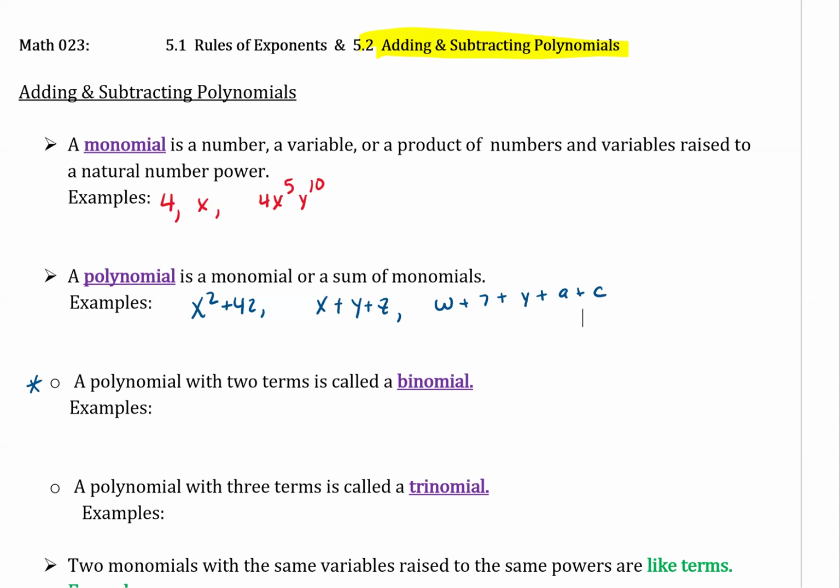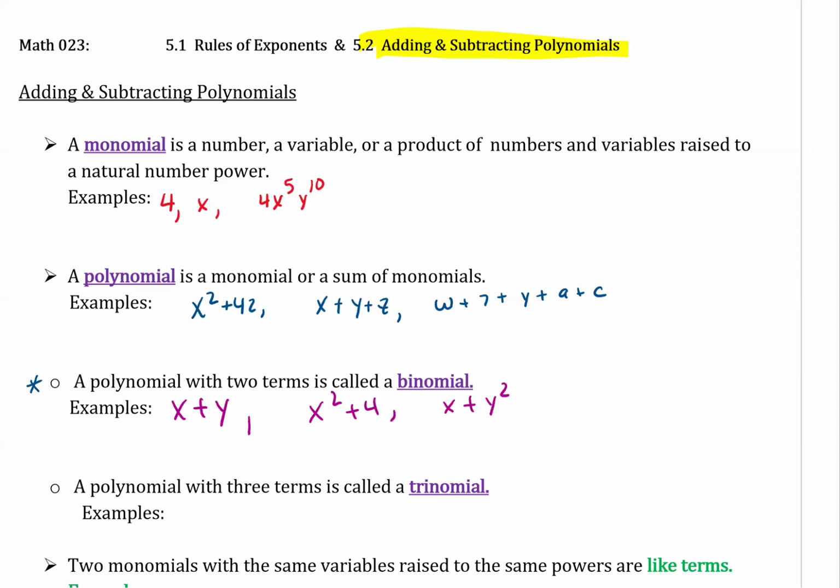And we can break it down further into a binomial and a trinomial. So a binomial is a polynomial with 2 terms. So x plus y. Bi means 2. So we got 2. We could have x squared plus 4. We could have x plus y squared. The idea is you have 2 terms.